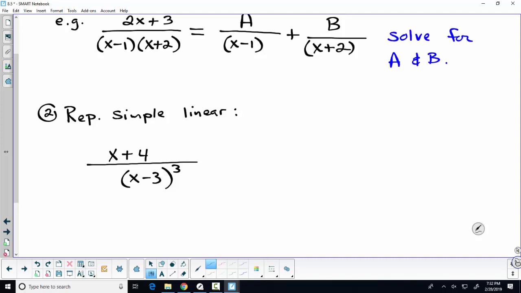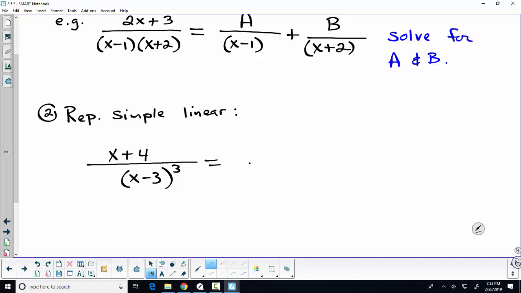So notice in that procedure it says it's A1 over (x minus r), then it's another constant over (x minus r) squared, then another constant over (x minus r) cubed, all the way up to m, which would be the power that we had expressed in our integrand.